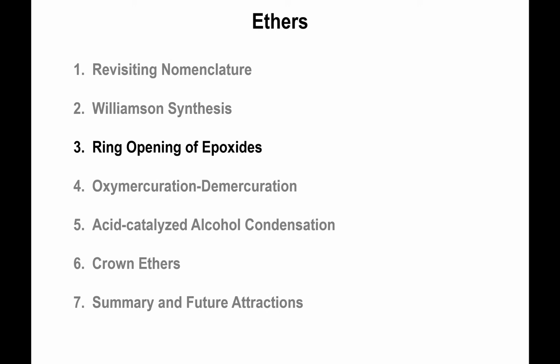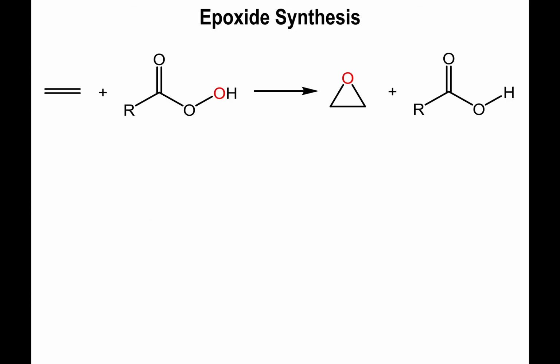Okay, we are back. We're going to talk now about epoxides. Just to refresh your memory, the way you form epoxides is by the addition of an oxygen atom to an alkene. And the way you provide the oxygen atom is by the use of peroxy acids.